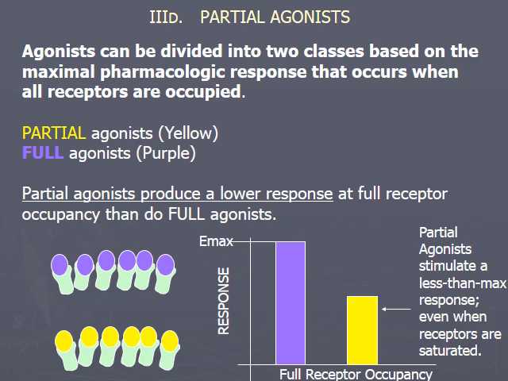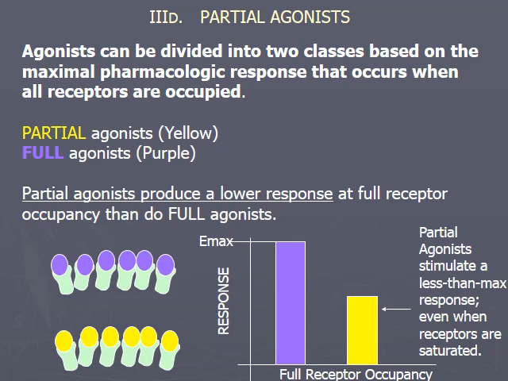In the lower panel, same receptors, same tissue, but now we have an agonist that we would call a partial agonist. It binds to and activates, so it's an agonist, right? Binds to and activates. But look, it gives a response that's less than max. Right, so we say partial agonists stimulate a less than maximal response, even when all the receptors are bound.